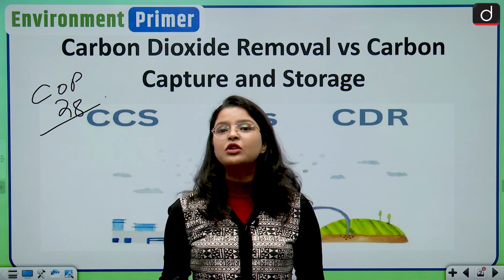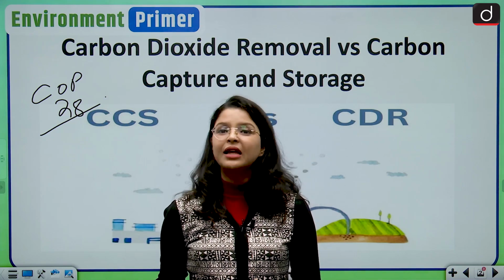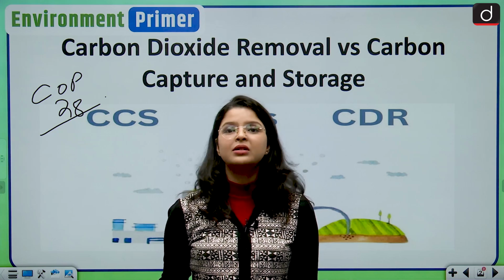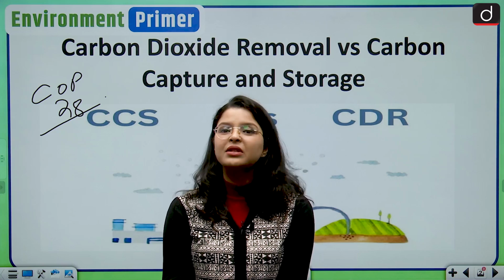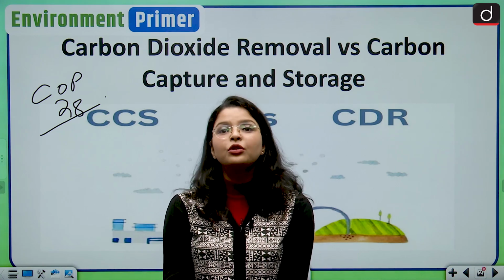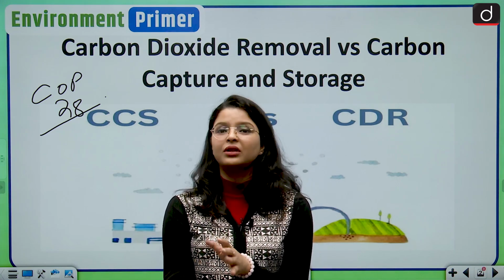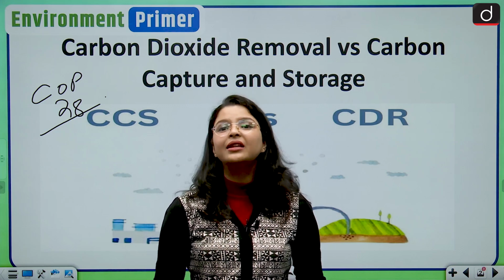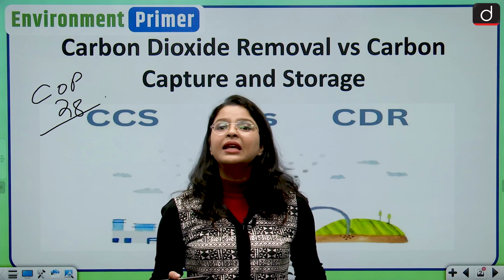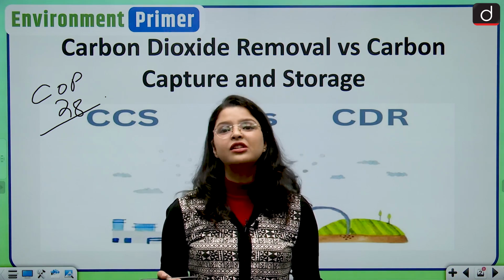The countries are trying to follow a solution-centric approach rather than a problem-centric approach, as I have been explaining to you before also in our Environment Primer series. So the countries are trying to find techniques that can reduce carbon dioxide from the atmosphere, and hence in turn keep with our target of achieving net zero emissions.